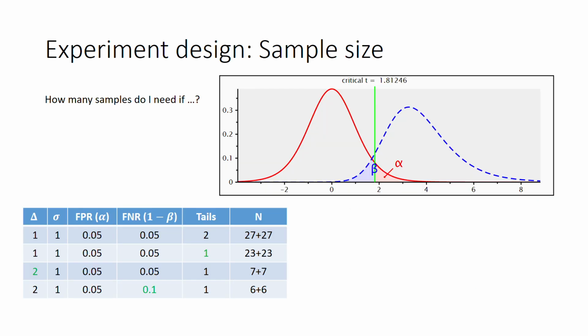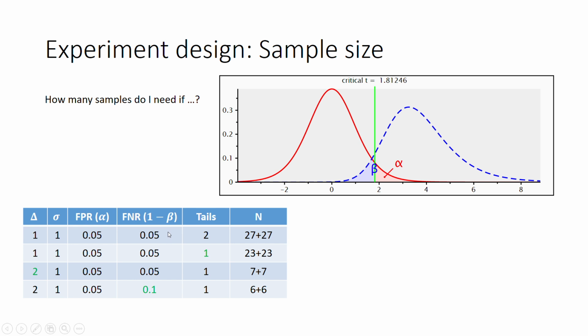So let's say that you foresee that the change that you want to detect is about 1, and the standard deviation of each one of the groups is also 1, and then you decide which are the false positive rates and the false negative rates that you want to admit. And actually this should be beta, not 1 minus beta.